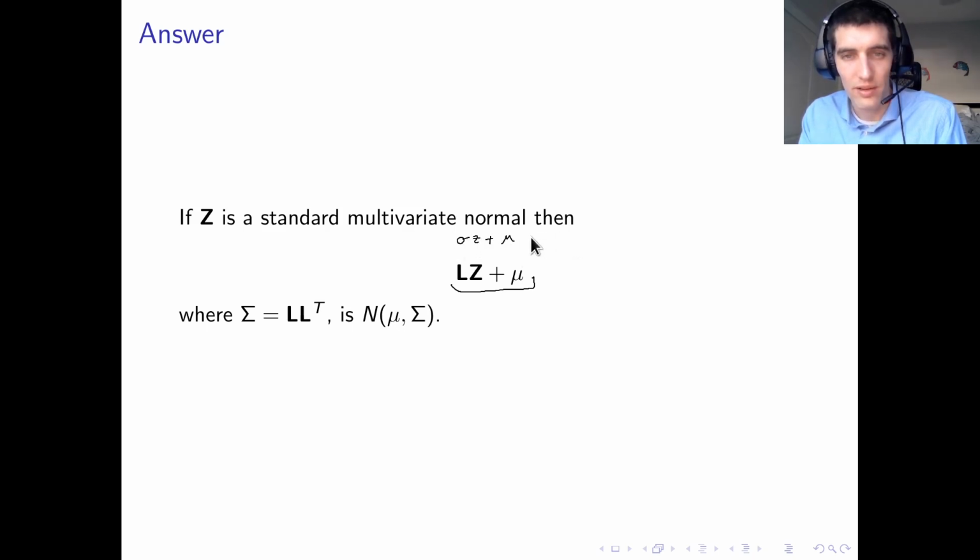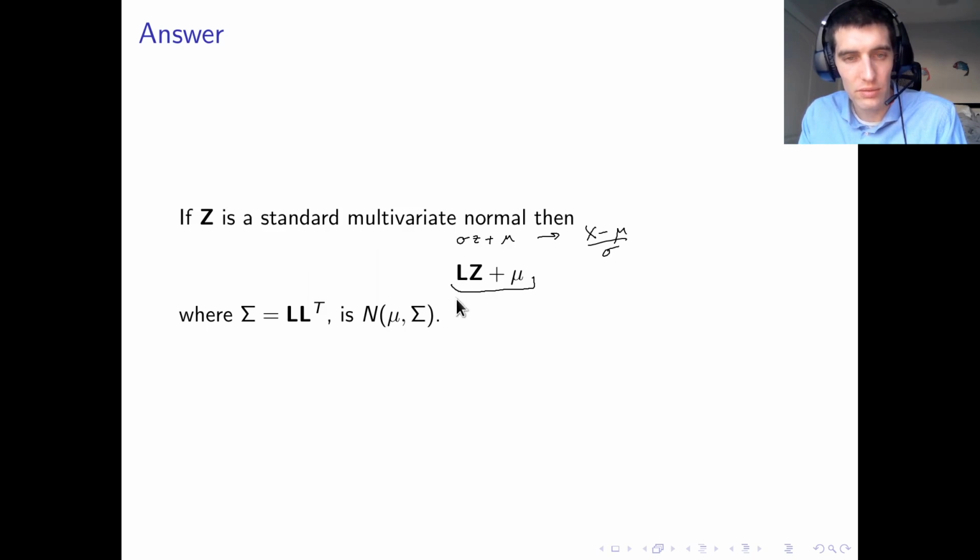It's the inverse operation of the (X minus mu) over sigma standardization: that takes us to standardized, and this takes us to unstandardized, with mean mu and variance sigma squared. Here we've multiplied by the matrix L and a standard multivariate normal Z. So what's its mean, and what's its covariance? I claim this is right.